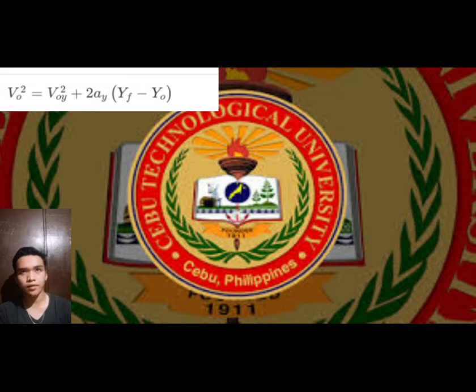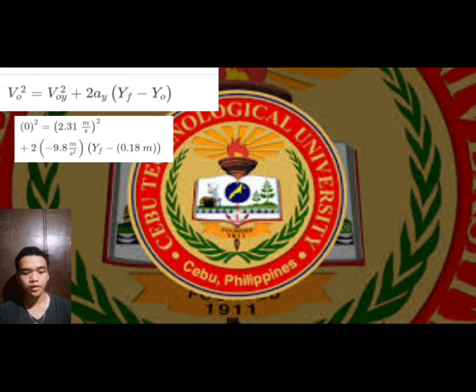So we have our velocity squared is 0 and equals velocity oy squared, 2.31 meter per second raised to 2, plus 2 from the given, and our ay is negative 9.8 meter per second squared. So we have our y final minus y initial 0.18 meter.